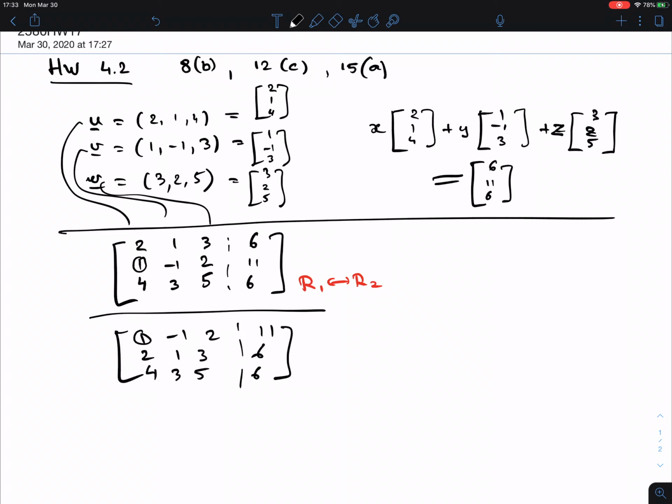So what are they? Replace row 2 by row 2 minus 2 times row 1. Replace row 3 by row 3 minus 4 times row 1.